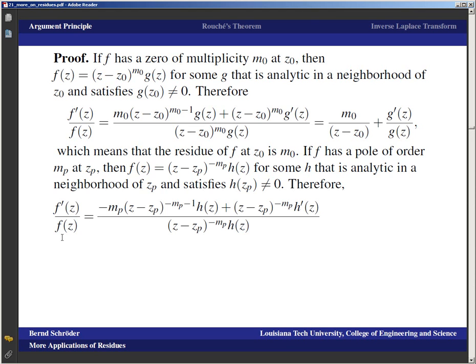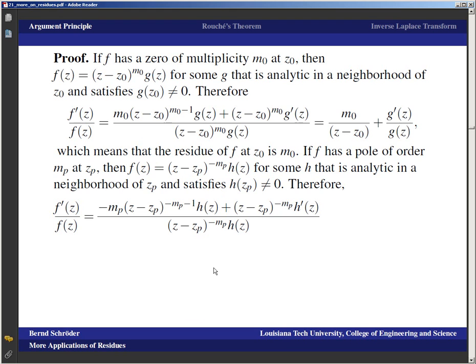We look at f prime over f, and again, with the product rule in the numerator, we get the derivative of the first, negative mp times (z minus zp) to the negative mp minus 1 times the second, h of z, plus the first, (z minus zp) to the negative mp, times the derivative of the second, h prime of z, divided by f, which is (z minus zp) to the negative mp times h of z. And now we do the same thing.